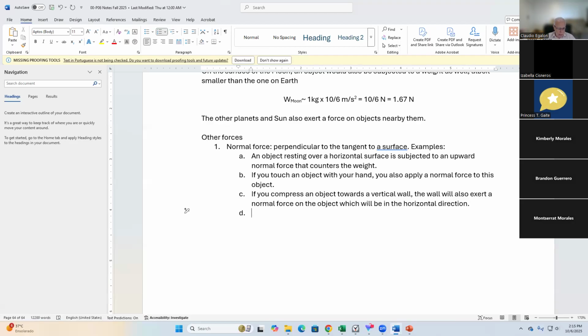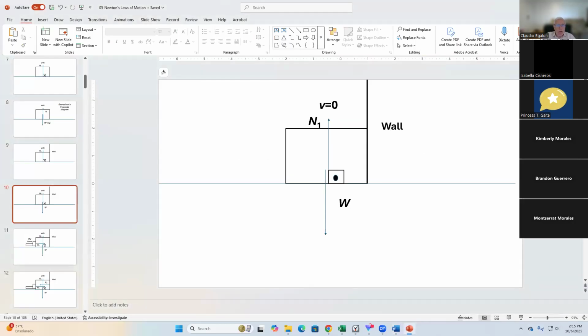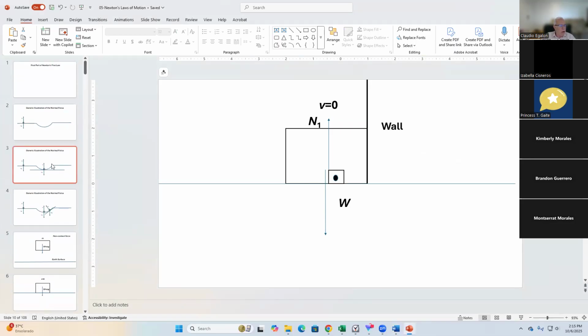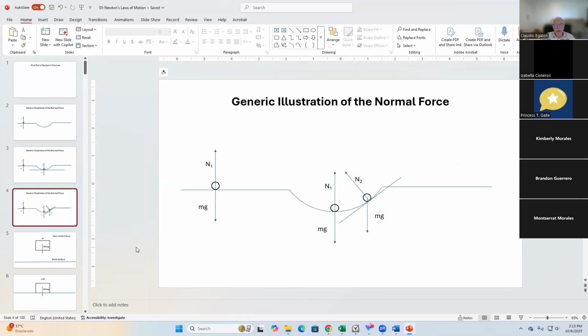Let's go back to that. Let's give another example, the one that is in that depression. The circular depression is an interesting example.